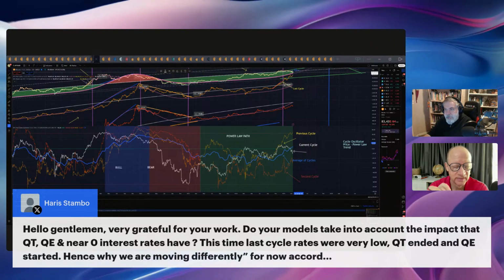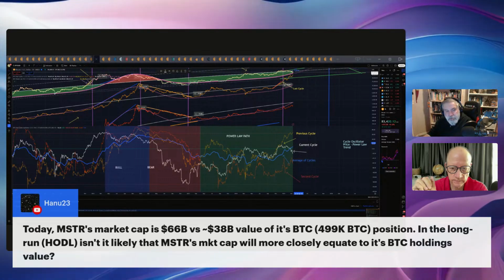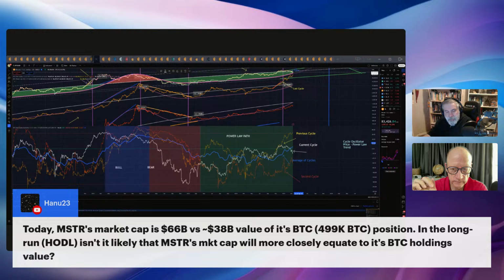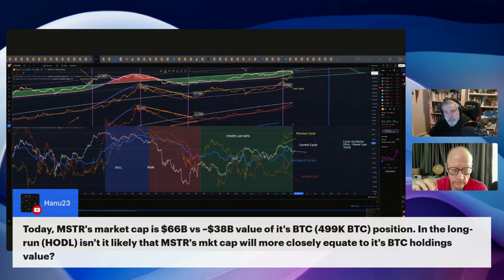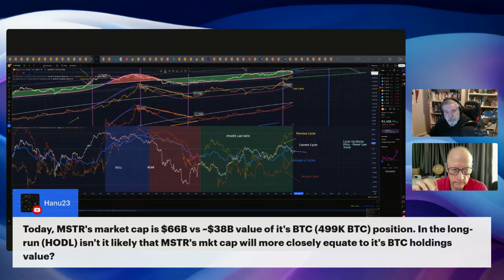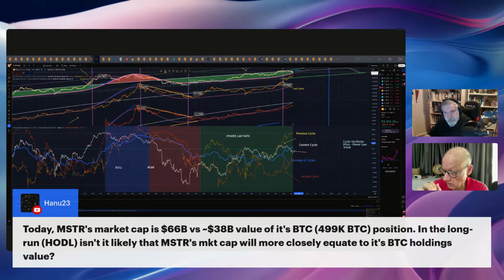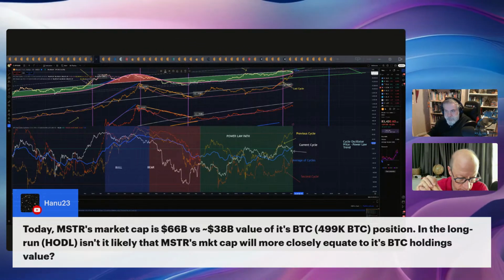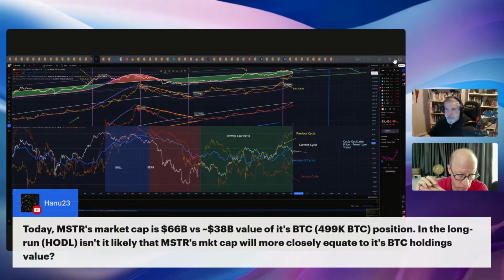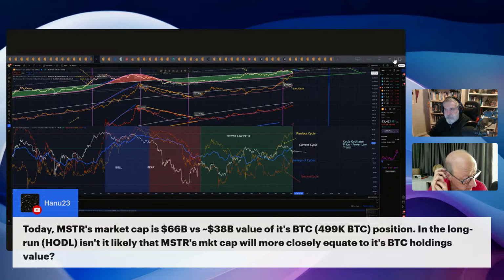Yeah, exactly. And so this other question, market cap, 66 billion, 20 billion value. He's asking if the multiple is going to go to 1.0. I think not. I think that Saylor has built a Bitcoin refinery or a Bitcoin bank, and he has many ways to financialize the asset.